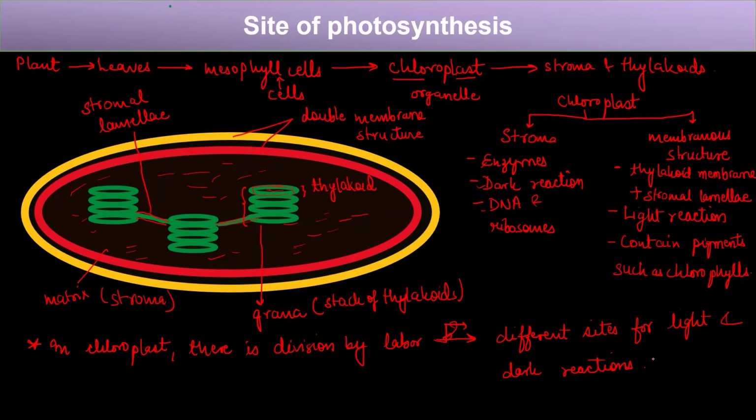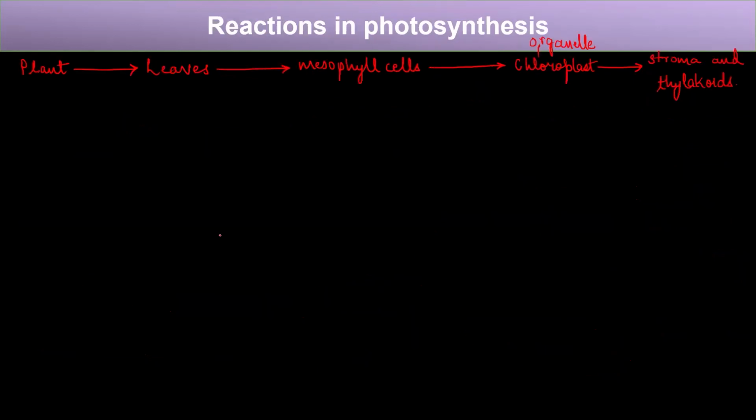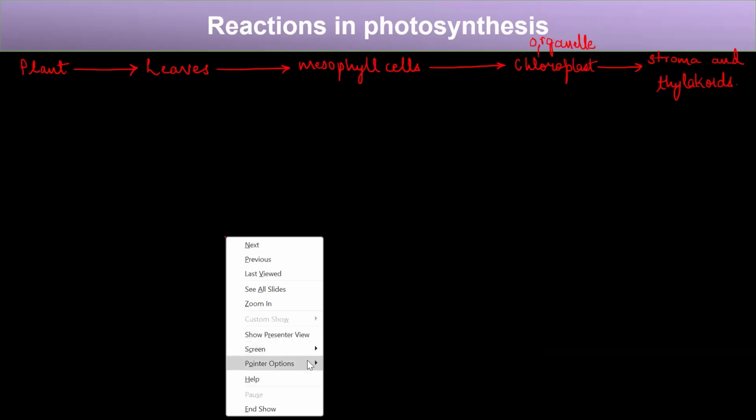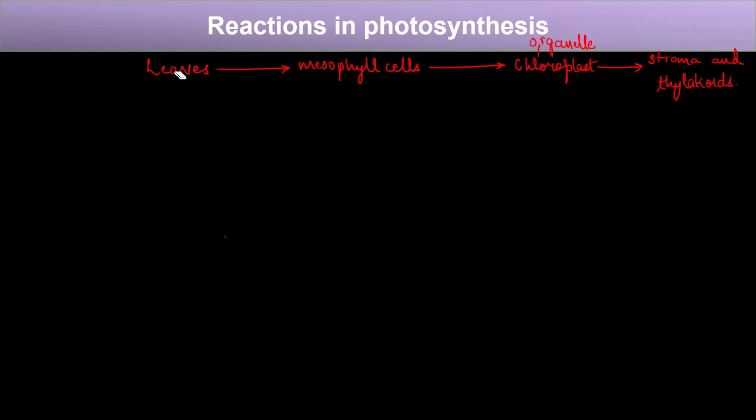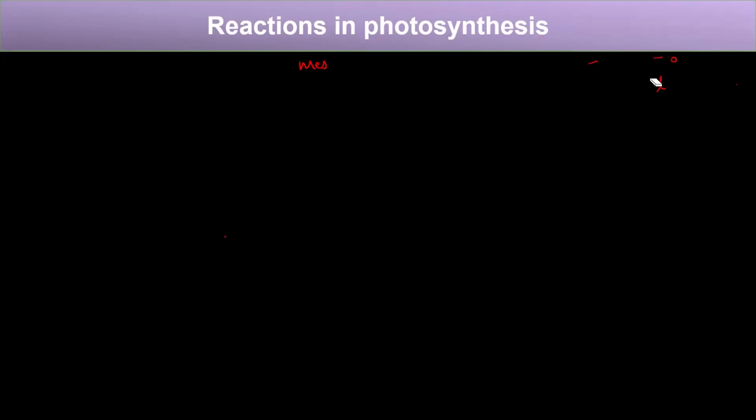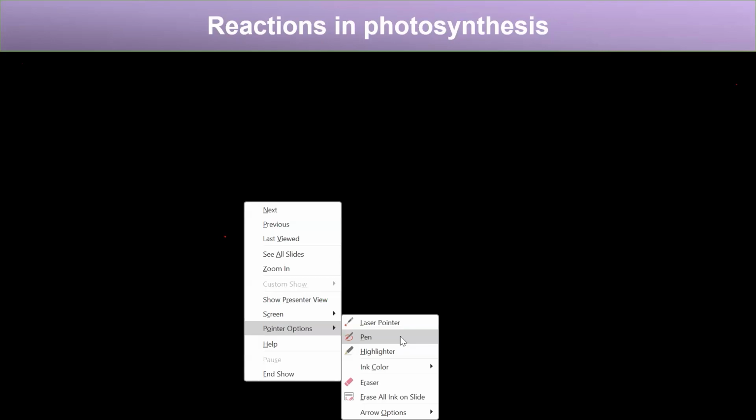Okay. Now, what are the reactions? I was talking about the light and dark reactions. So basically, what are light and dark reactions? What are the reactions that happen in photosynthesis? The reactions in photosynthesis are of two types.